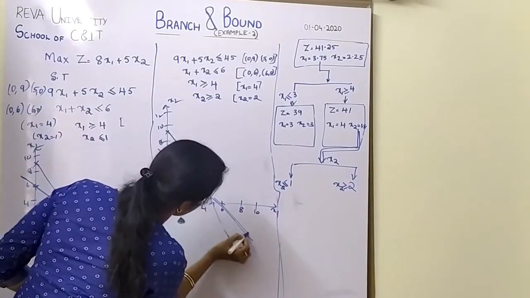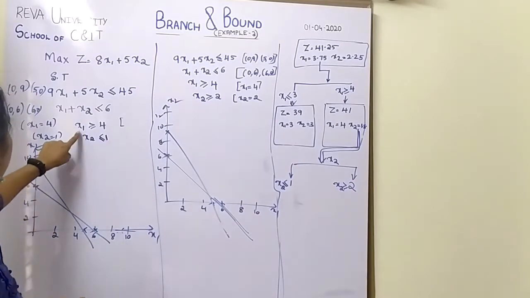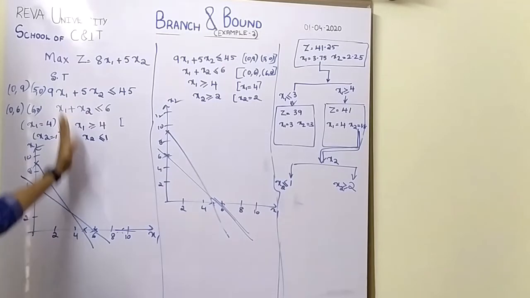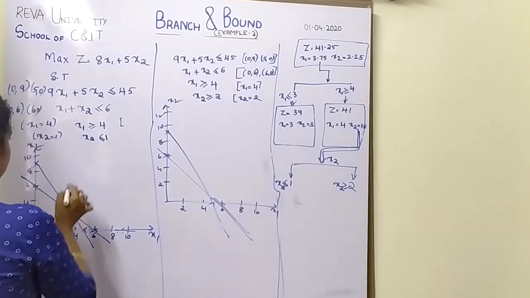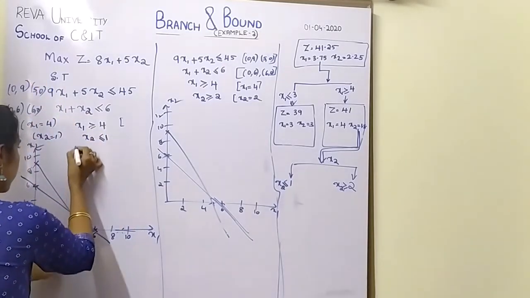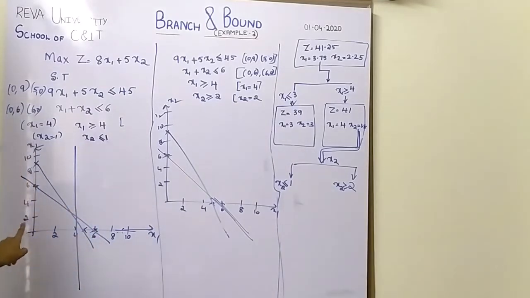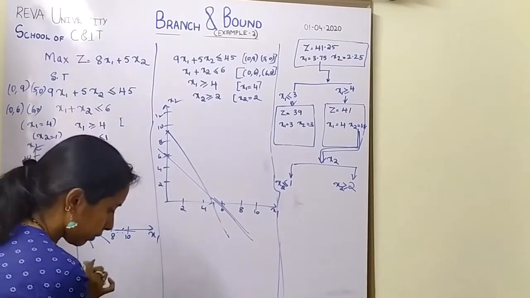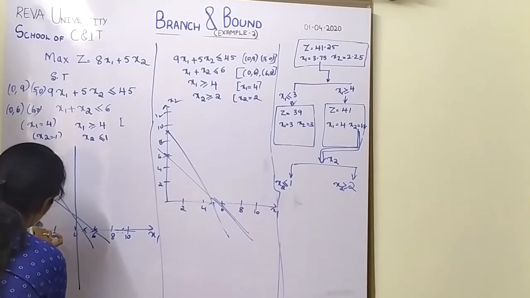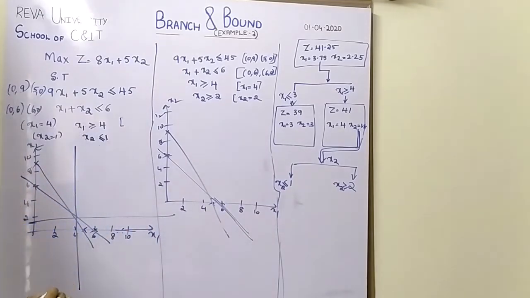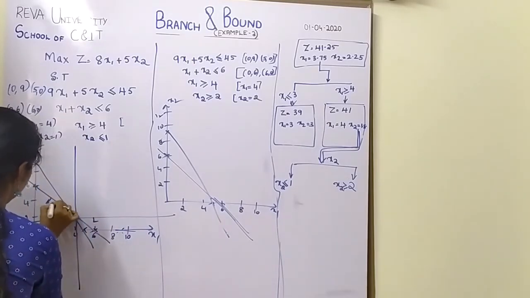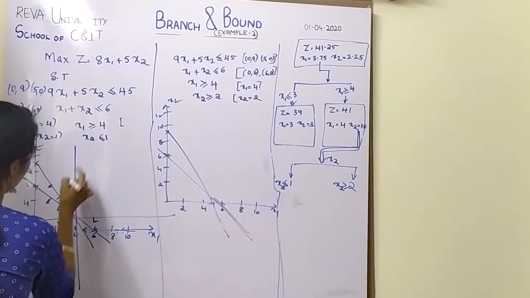Then x1 is equal to 4. It indicates we have to draw a line parallel to the y-axis. So x1 is equal to 4. Here x2 should be less than or equal to 1. Now the direction is like this. All these directions are less than.